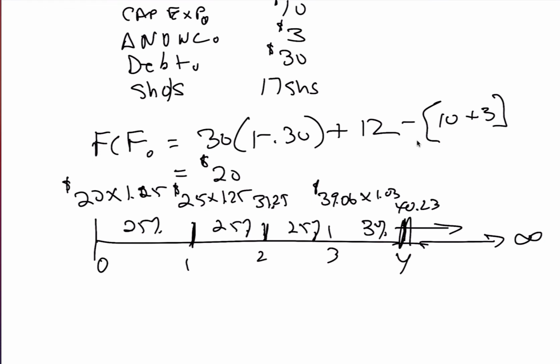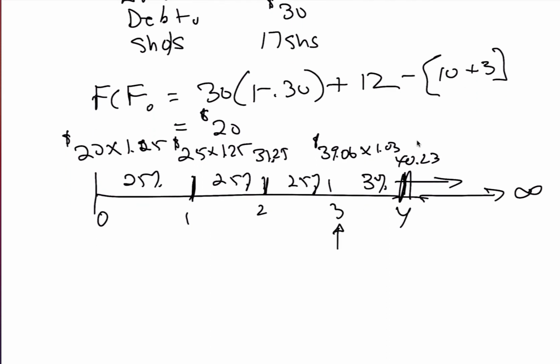So what we need to do is come up with the horizon value at this point, and that's going to be $40.23 divided by the weighted average cost of capital, 9% minus the 3% growth rate forever into the future, and this comes out to be $670.50.